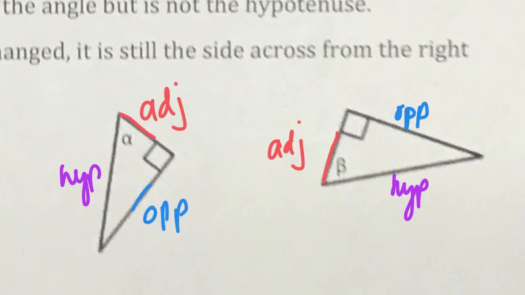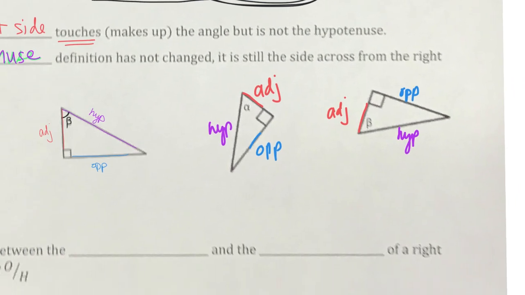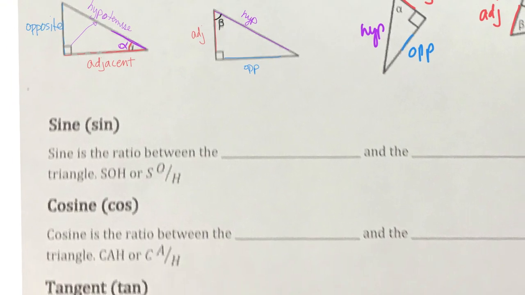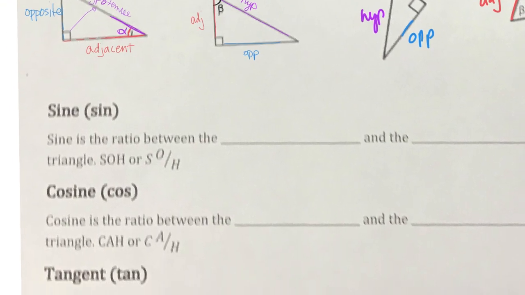So there we have these two triangles. The hypotenuse and the adjacent side make up your reference angle. Okay, so now let's talk about the ratios. The sine ratio compares two sides of your triangle. It compares the opposite side and the hypotenuse.